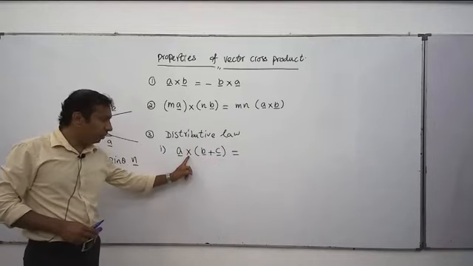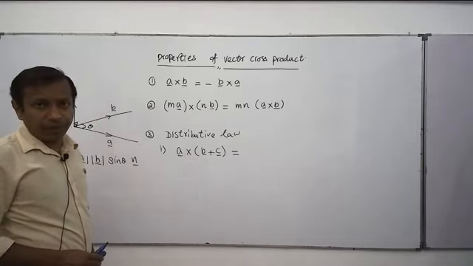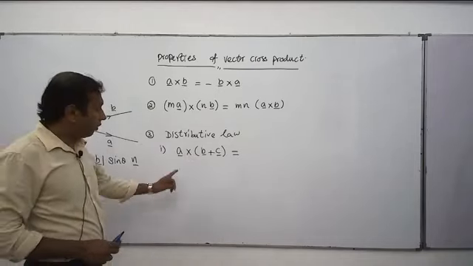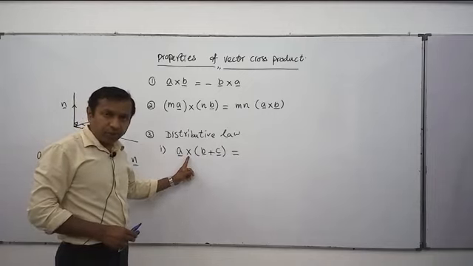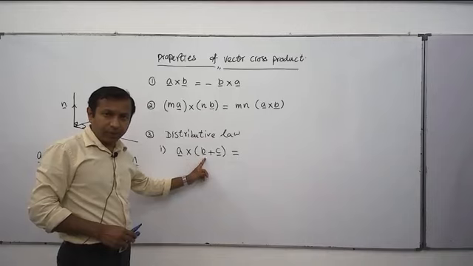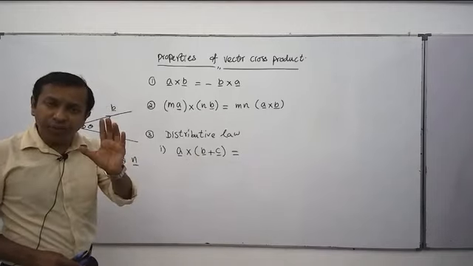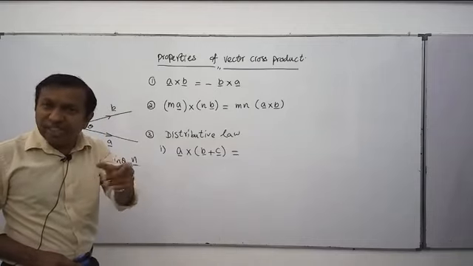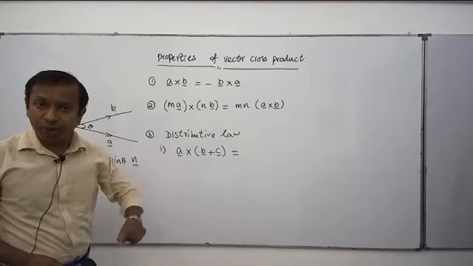But here, this cross does not mean the usual multiplication. It is the cross product, because this notation, the multiplication sign, we are going to use between 2 vectors. Its meaning is not the usual product. It is the vector cross product. Understood?